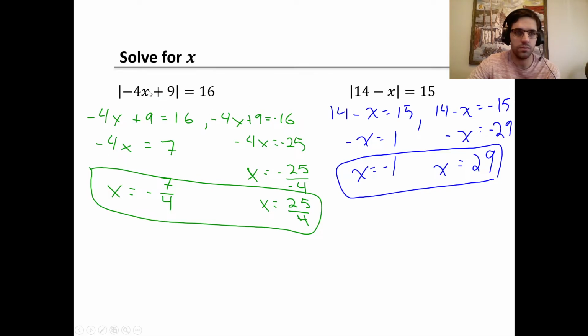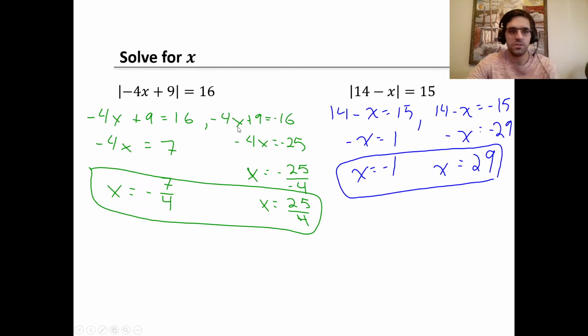So we break the expression out of the absolute value vertical bars by writing the expression inside, negative 4x plus 9, equal to positive 16. And we write another equation where negative 4x plus 9 equals negative 16. So we have two equations, one for positive 16, one for negative 16.